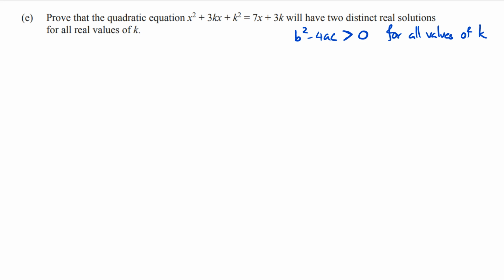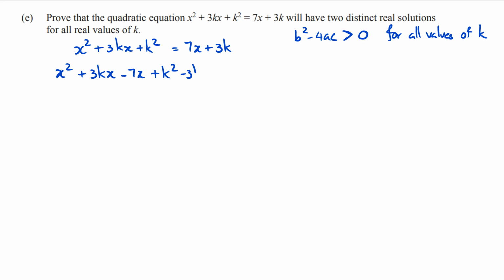So our first step is to rearrange and figure out what b squared minus 4ac is first. So we've got x squared plus 3kx plus k squared equals 7x plus 3k. Rearrange it, so we're going to get x squared plus 3kx minus 7x, sorry, plus k squared minus 3k equals 0.